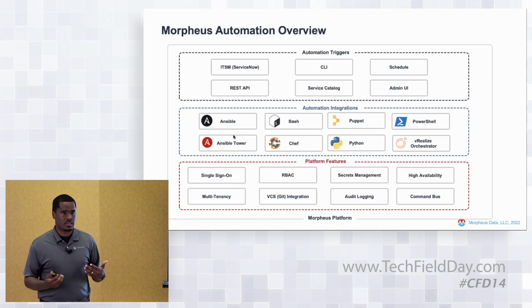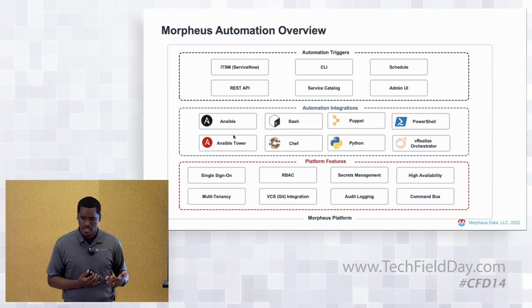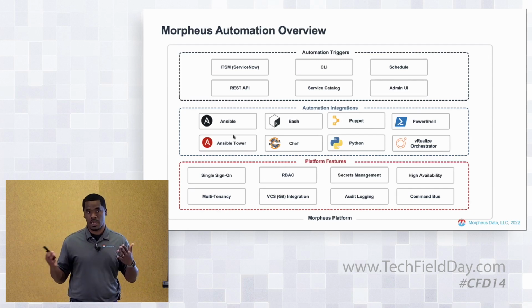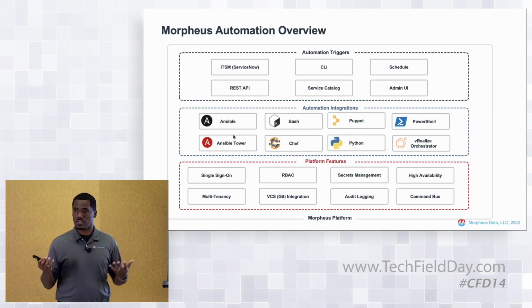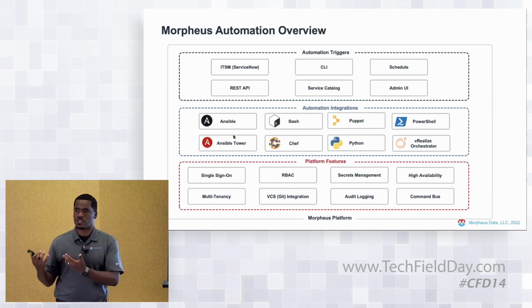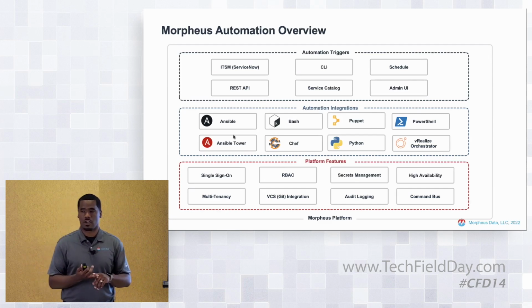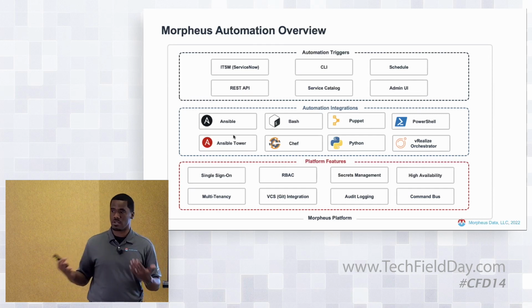High availability. So we talked about the platform being able to be deployed in a highly available manner, as well as a command bus. So the command bus provides a really interesting functionality, in particular for Ansible. So organizations often run Ansible. For those that are familiar with Ansible, it's agentless and typically requires SSH or WinRM to be able to access the box or the node.